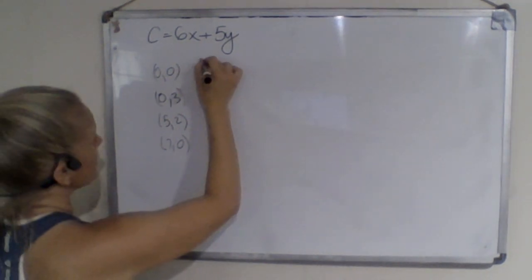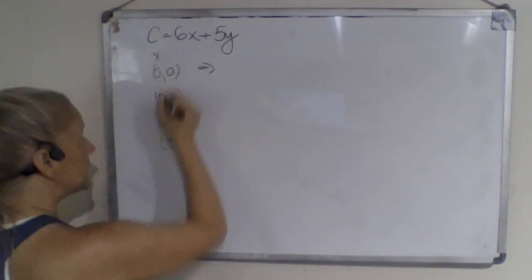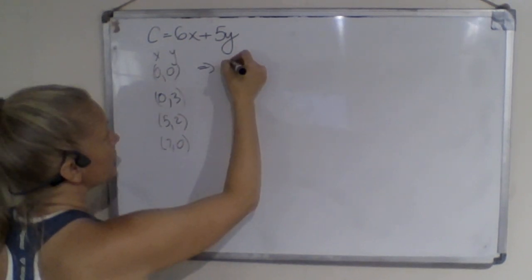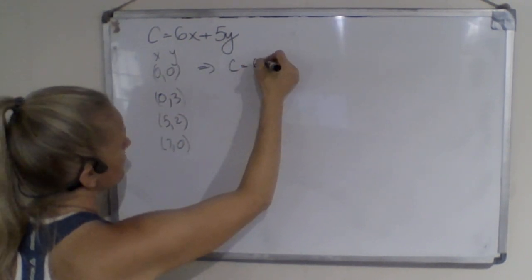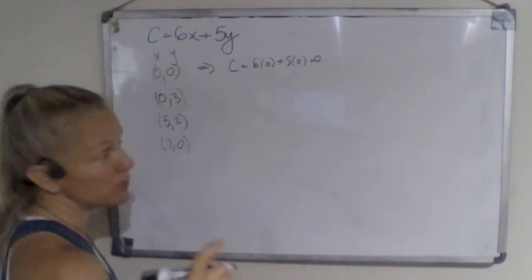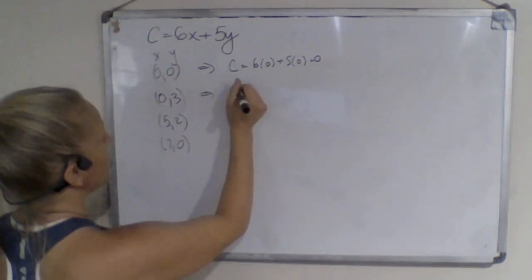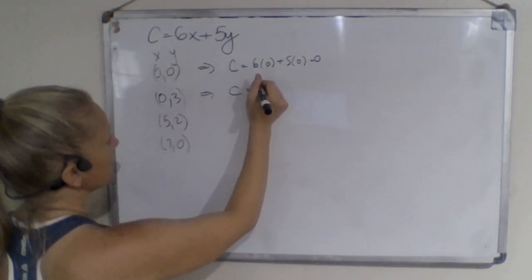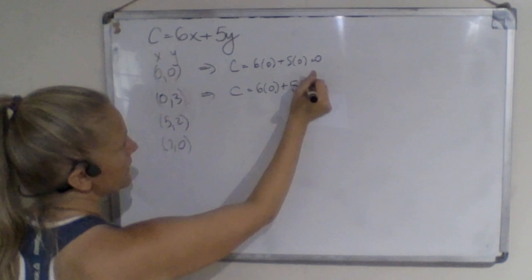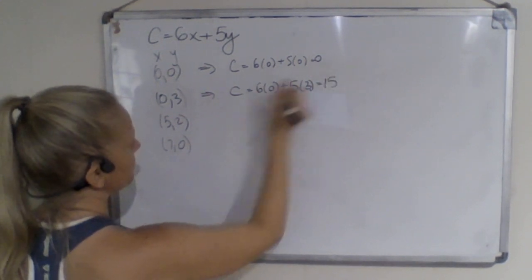And we like this because all we have to do, this is all of my x's, this is all my y's. We have to plug it in there and see the values. For the first one, c equals 6 times 0 plus 5 times 0 equals 0. We already know that's the minimum, but we're going to go through all of them. For the second one, c equals 6 times 0, x is 0, plus 5 times 3, because my y is 3, equals 15.